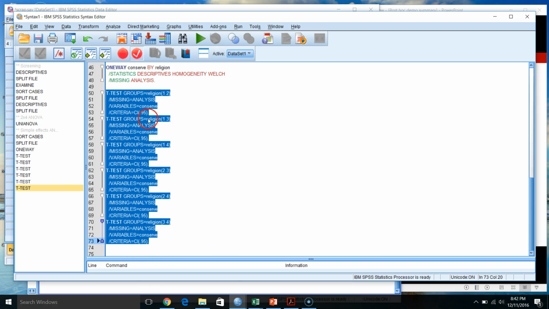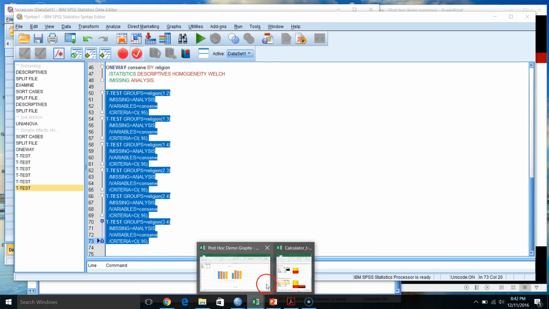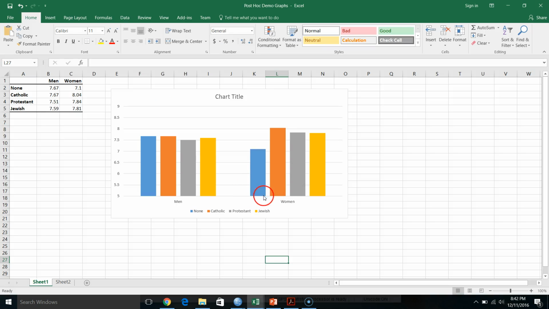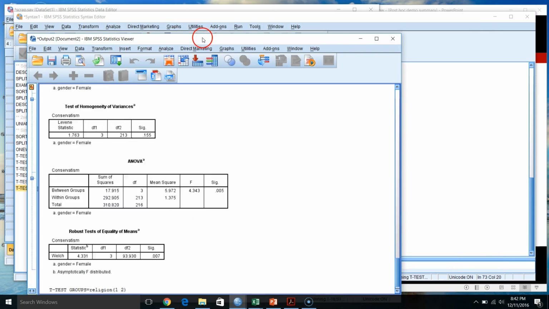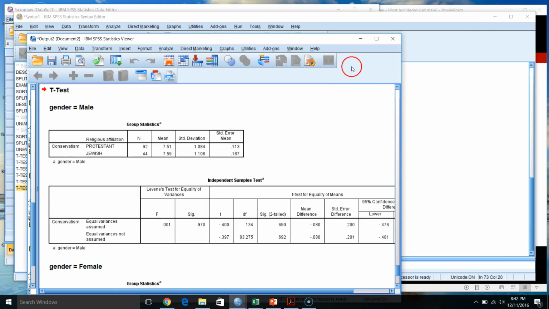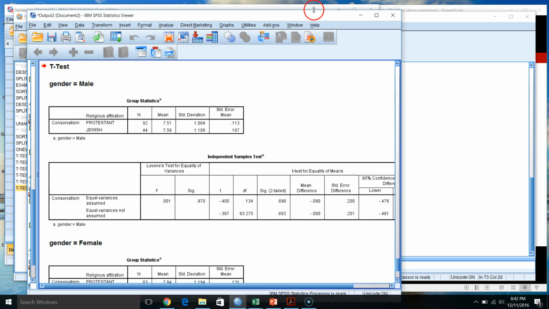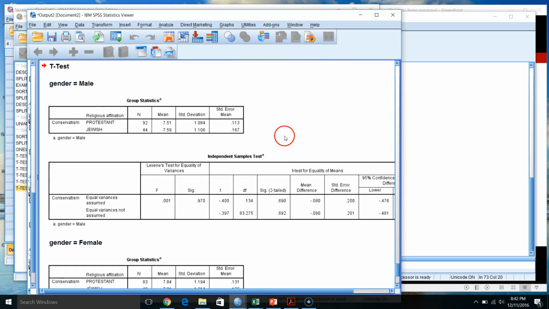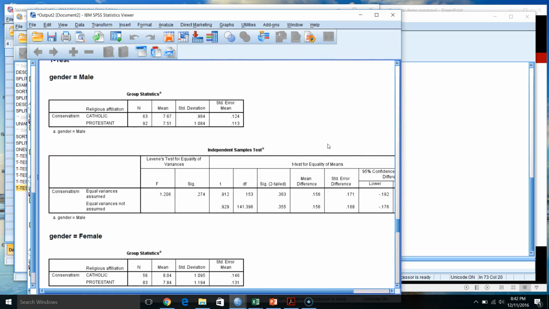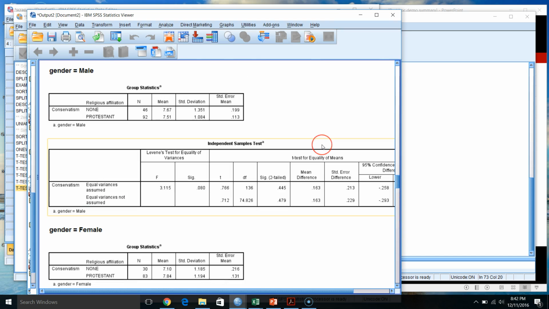This is going to give me the test of each one of these. So, go through and run this, and this is what we've got. Scroll back up to the top here.